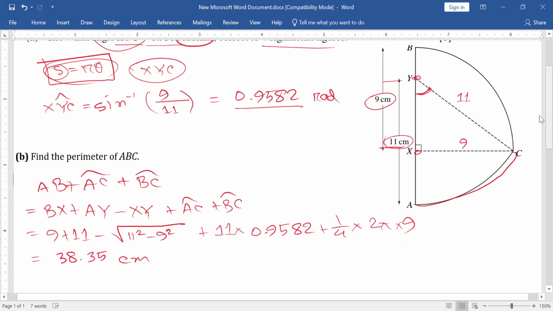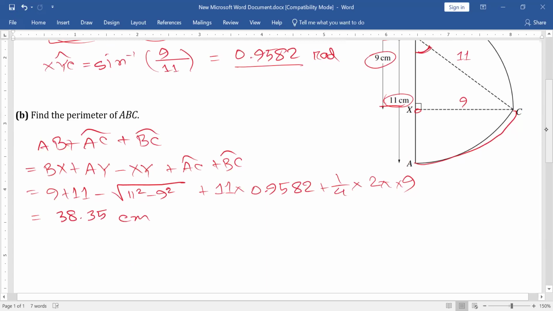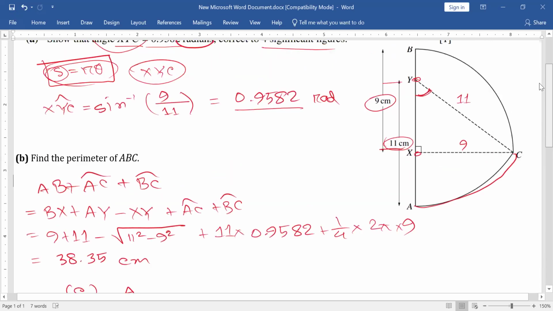We are done, but we want to find the area also. So what's the idea to find the area?